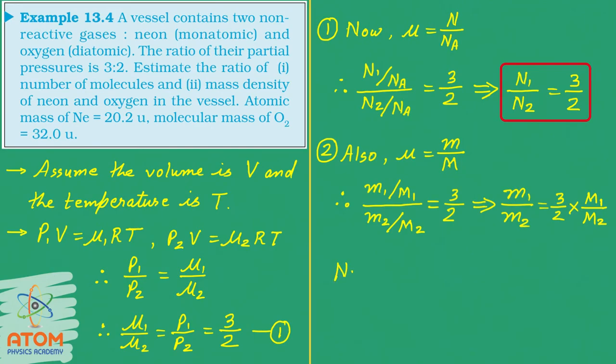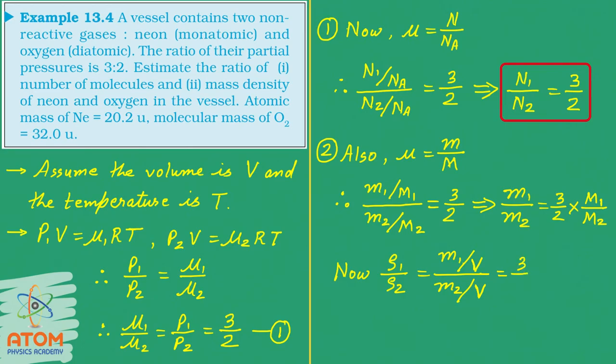Now the ratio of density that we need to find is, let us say, rho1 upon rho2. So rho1 upon rho2 can be written as m1 upon volume V divided by m2 upon volume V. Here we are taking the same vessel, or say the same container, that's why both will have the same volume V. Now this volume V will be cancelled out, remaining is m1 upon m2.